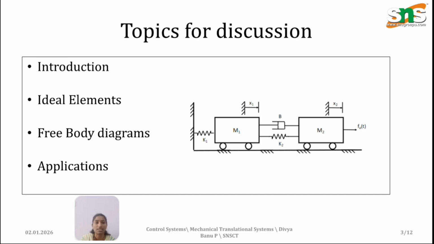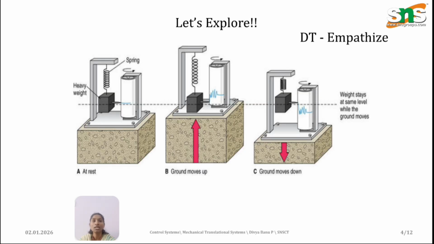X1 and X2 indicate the displacement due to the force F. If a mechanical part is given a force F, there will be a linear movement. That is why it is called a translational system, and that linear motion, mentioned as X1 and X2 here, is called displacement.